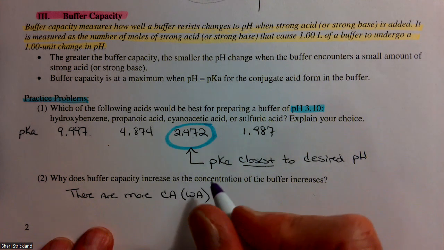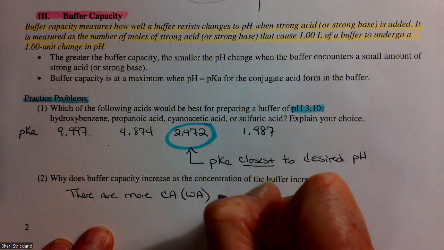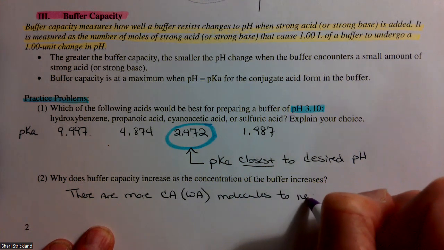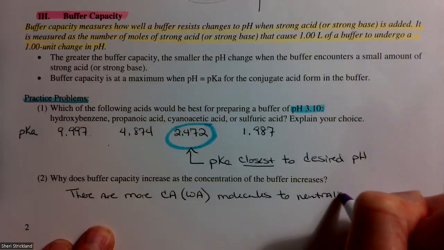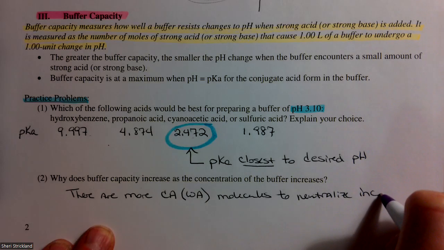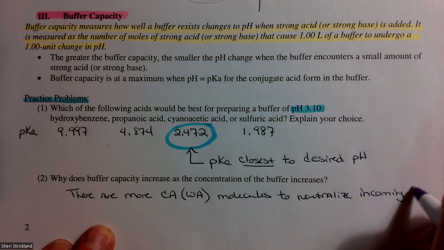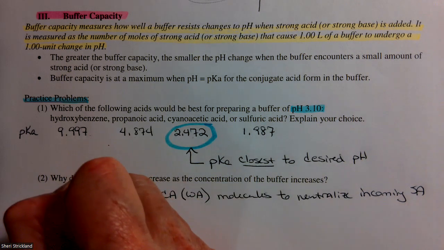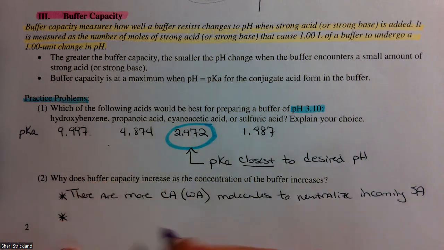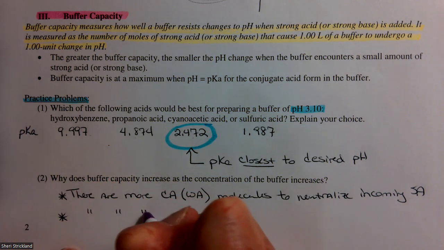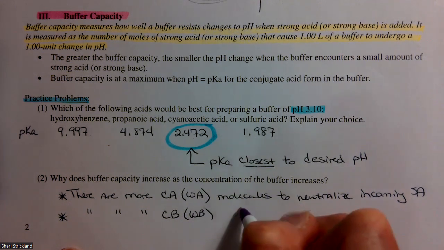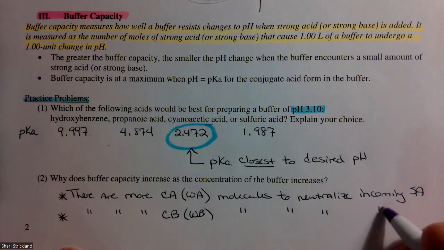There are more weak acid molecules to neutralize incoming strong acid. And also, on the flip side, there are more conjugate base molecules to neutralize incoming.